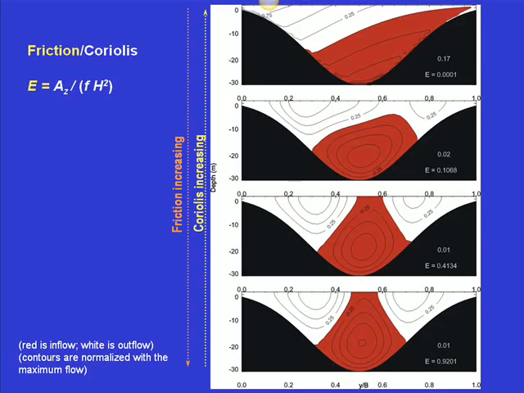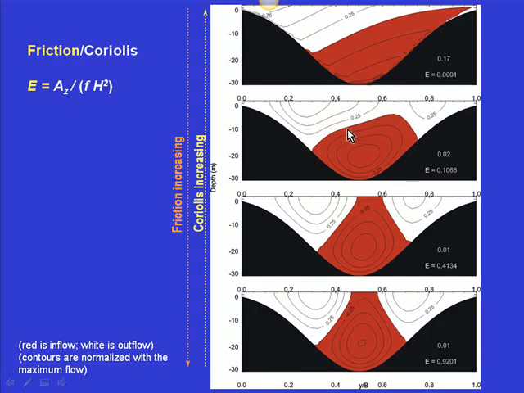When Coriolis is not important anymore and friction dominates the exchange flow, which is the bottom panel, you have a horizontally sheared flow and not a vertically sheared flow, with two branches of outflow over the shallow parts and the inflow occupying the entire water column. So if you remember in the Chesapeake Bay, the deeper case, the one that you said had the lower Ekman number, looked something like this.